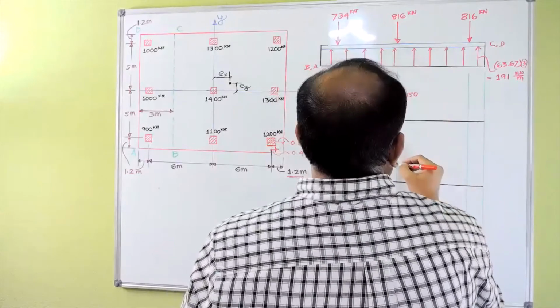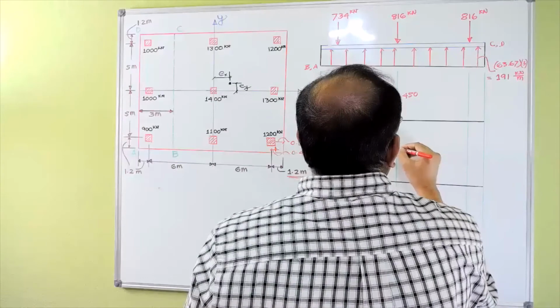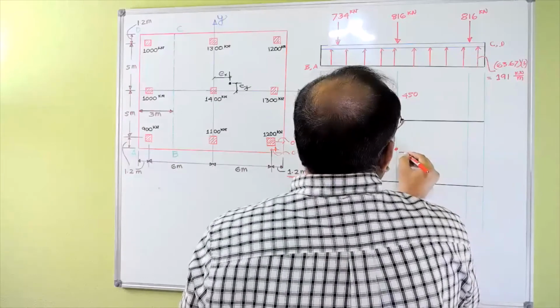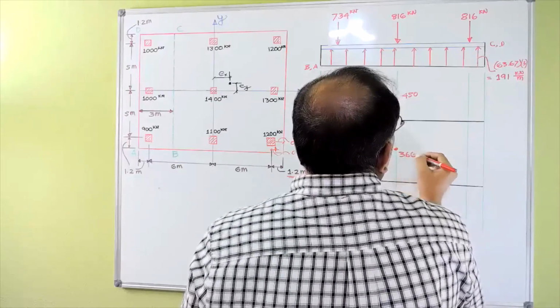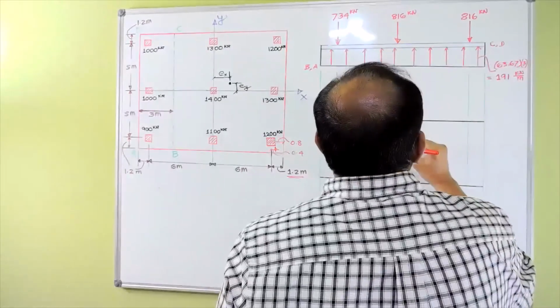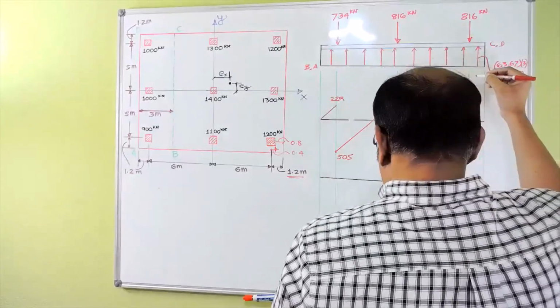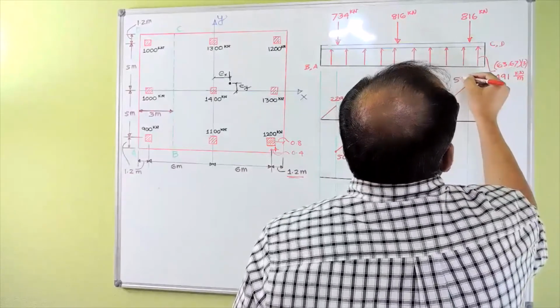Then you have one more jump here. So this one is going to go here, which is 366. And then this one is going to go all the way up here, which is basically 589.